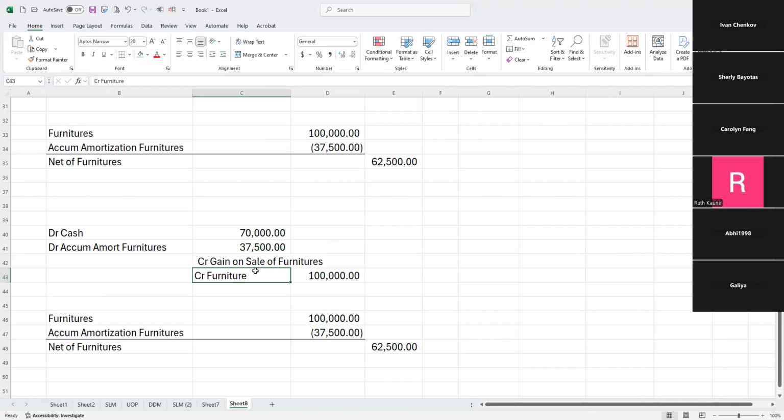Don't spend too much time. Make it logical. Just follow the transactions. Follow what happened. Get the one that you easily can get. Cash is always going to be given. See how much cash you get. Furnitures. Get rid of the original cost. Accumulated amortization.